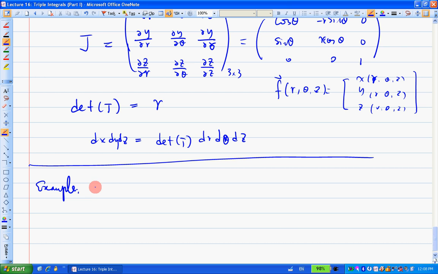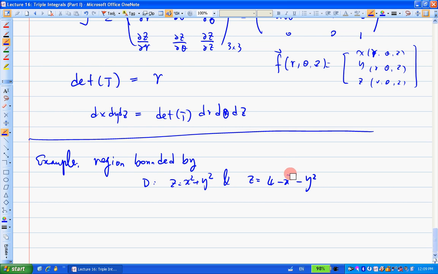There's a region bounded by z equal to x squared plus y squared, and z equal to 4 minus x squared minus y squared, and we try to calculate the volume.